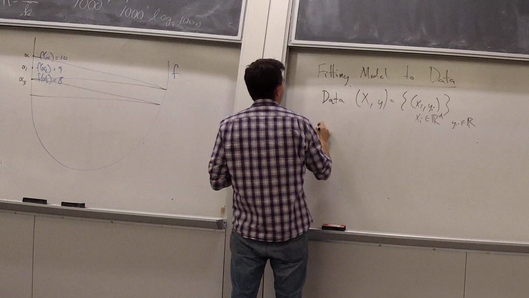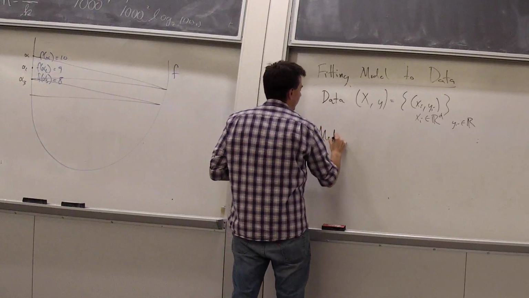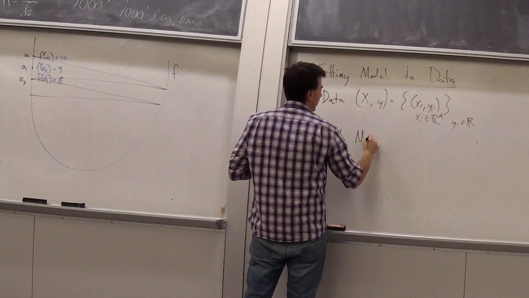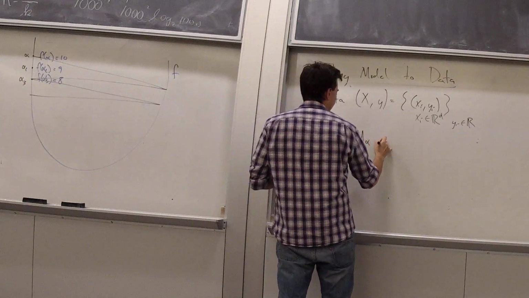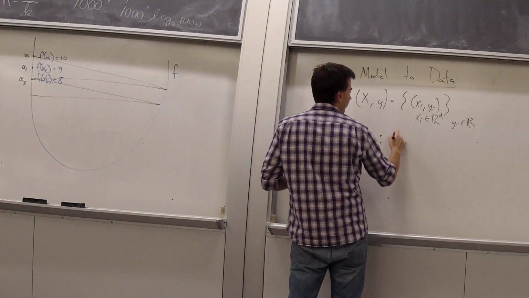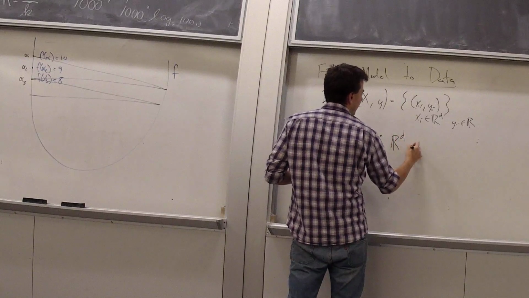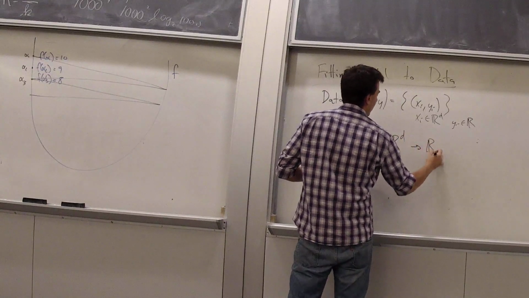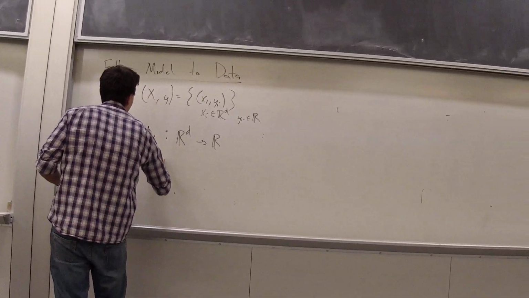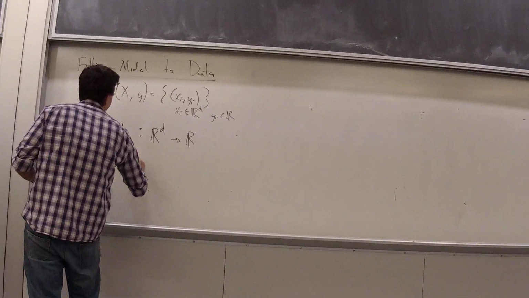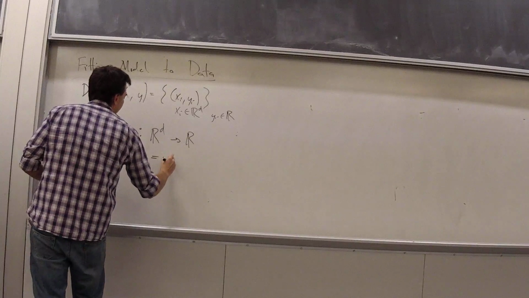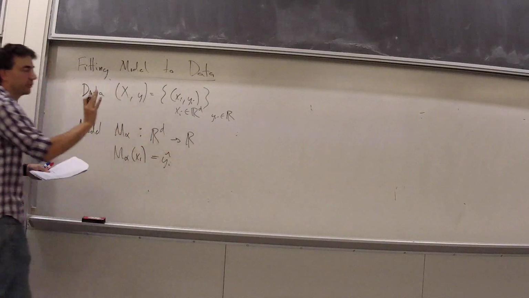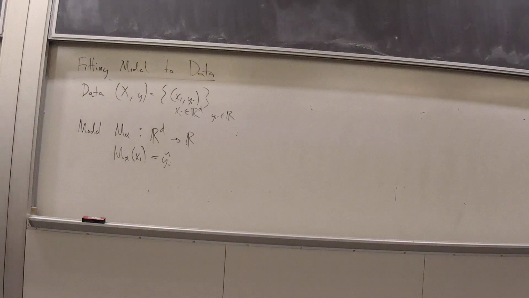And then what we want is going to be some model M alpha, right? And again, this model is going to go from R^d to R, and you want to think that M alpha of xi is going to give you yi hat, which is the approximation of your yi.